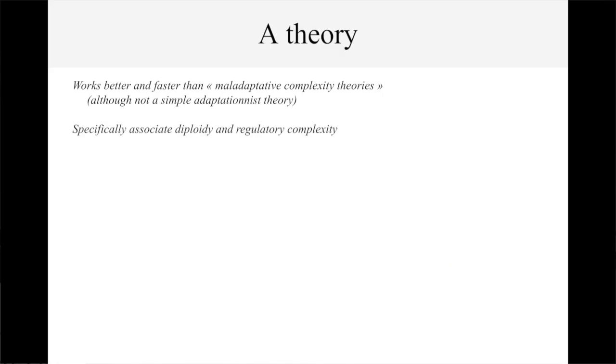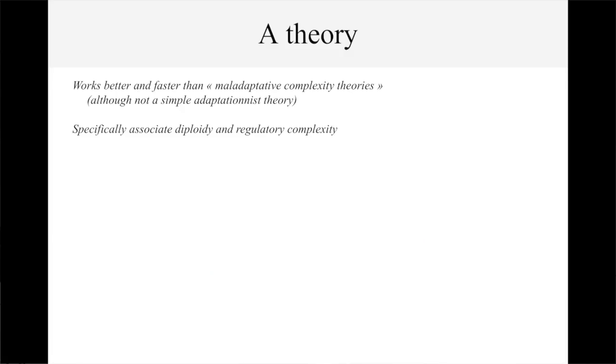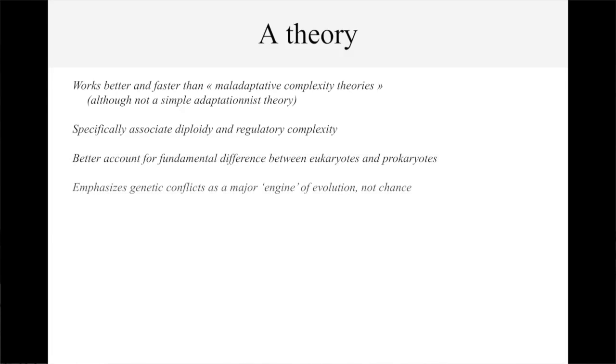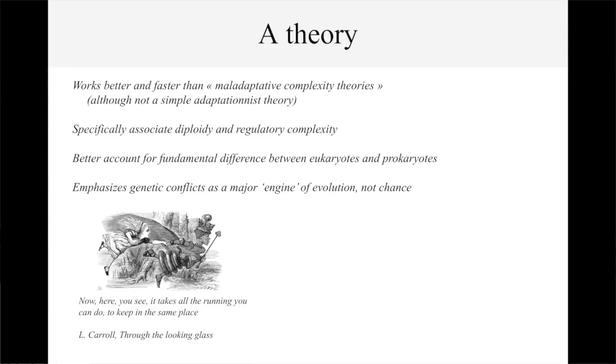So it associates diploidy and regulatory complexity explicitly, explaining perhaps better why you find this regulatory complexity in eukaryotes and not in prokaryotes, which are haploid. And it emphasizes genetic conflicts as a major engine of evolution, rather than just chance, as you could imagine.